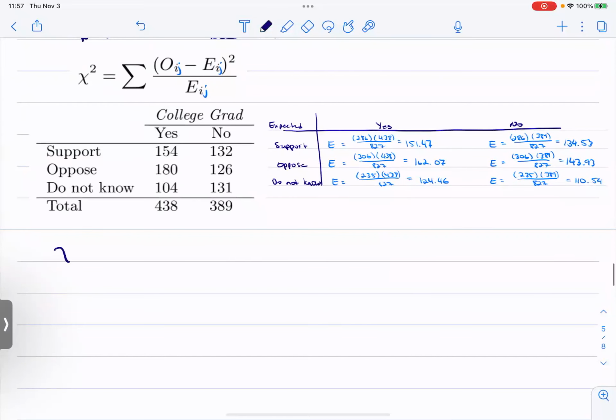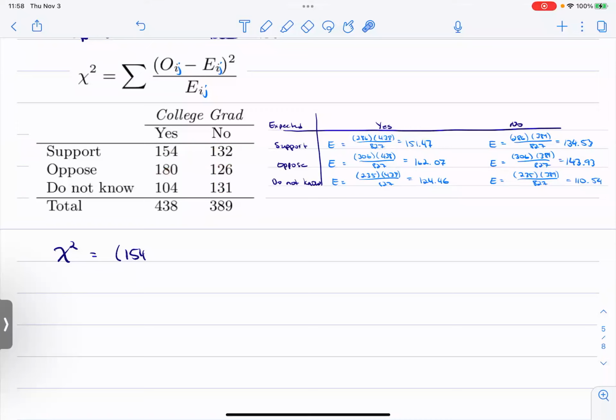The chi-squared that I've calculated is going to be, and since you're adding all these residuals, you can go in any order, just don't mess yourself up. I like to just move across the rows.